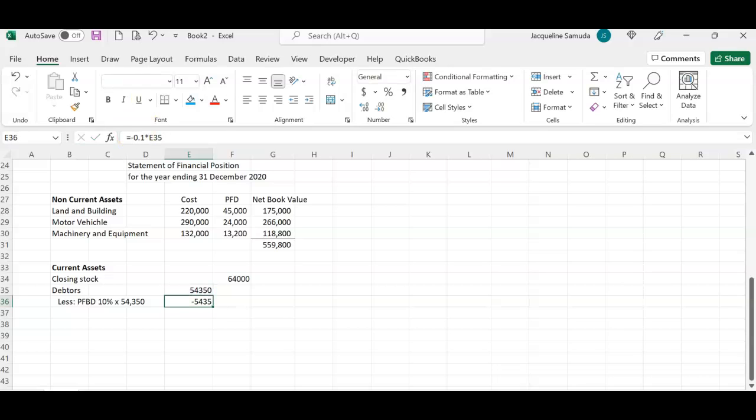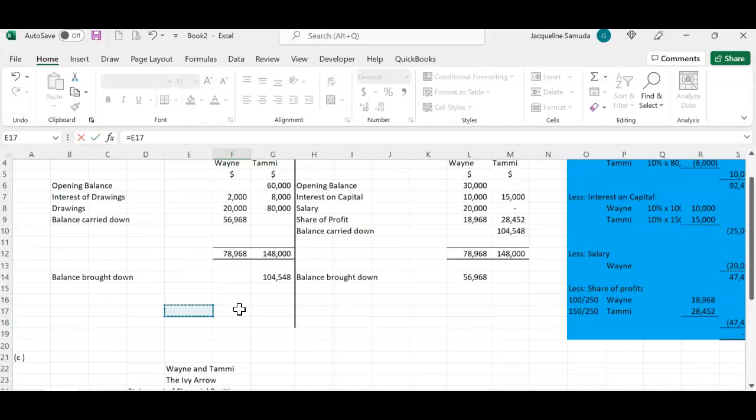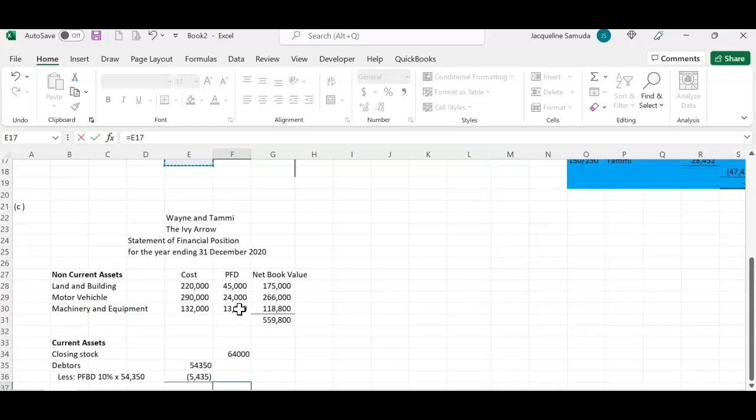So the real collectible amount for debtors is the difference, which is $48,915.